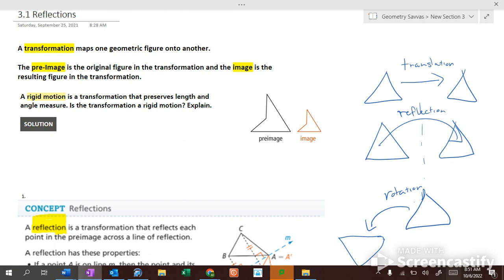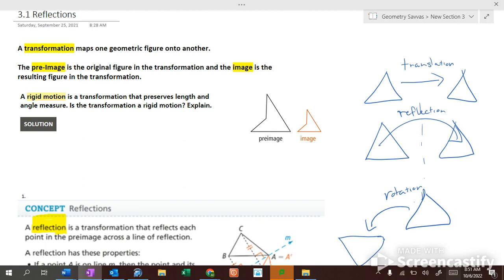Now, the figure that we start with is going to be the pre-image, and the image is what we get after we do the transformation of some sort. Okay? And if it's a rigid motion transformation, then that makes congruent figures.